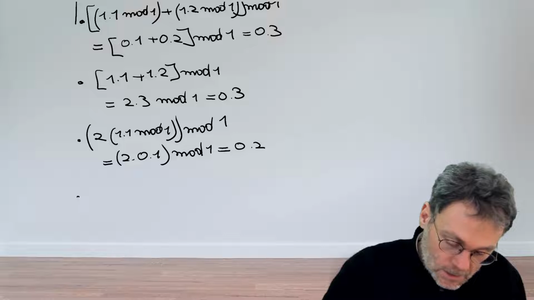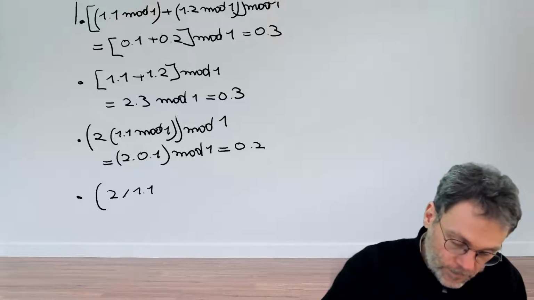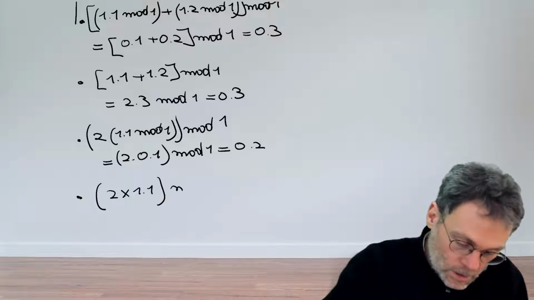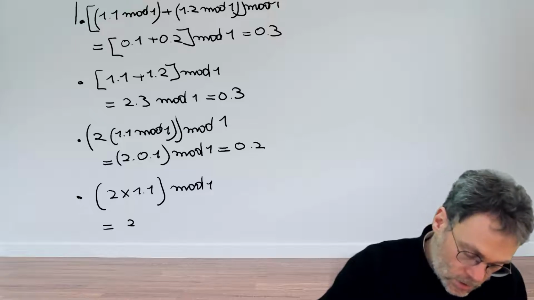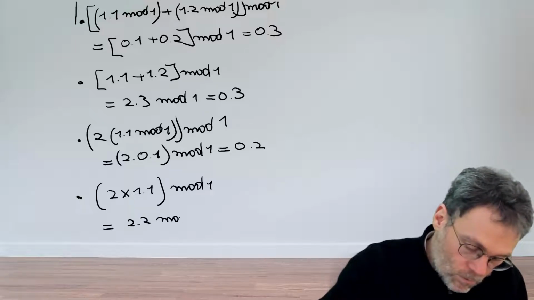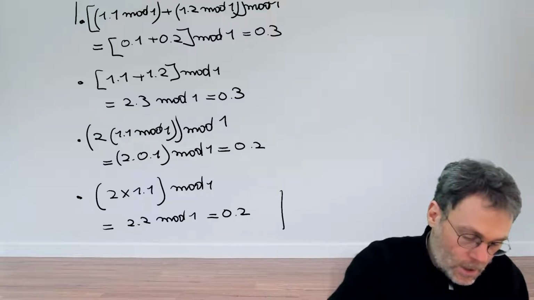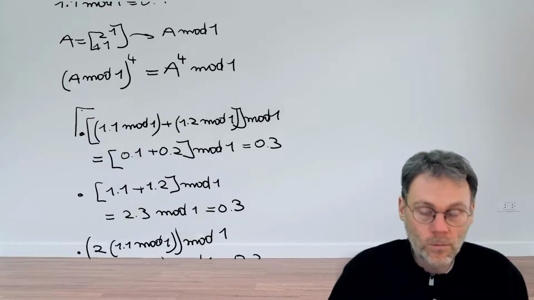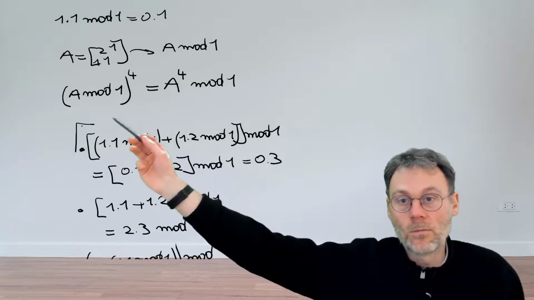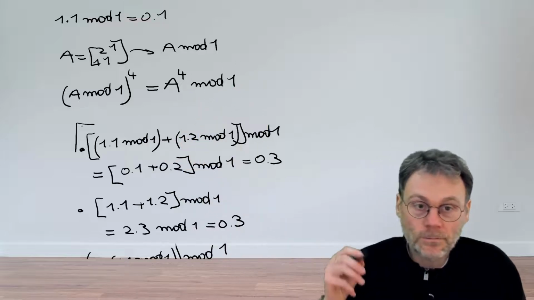And this is indeed the same as when we get rid of the intermediate mod 1, because that gives us 2 times 1.1, that gives us 2.2 mod 1, and that's also 0.2. Okay, this is just perhaps too much explanation. The important part is that we can move this mod 1 operation just to the very end.